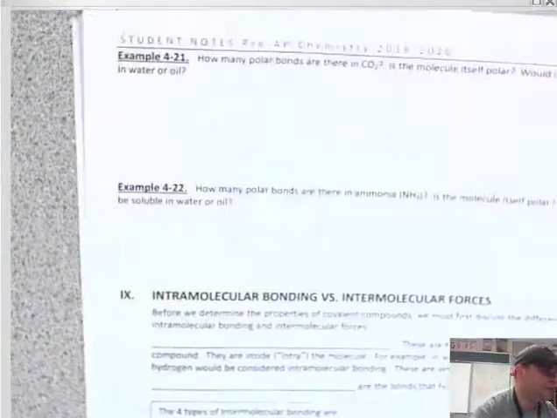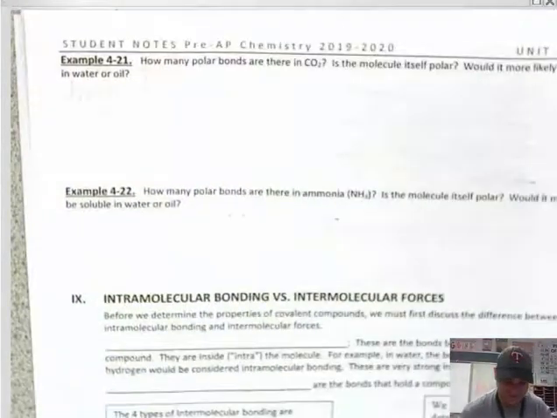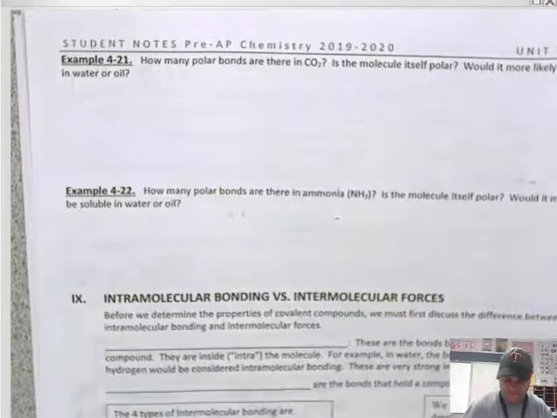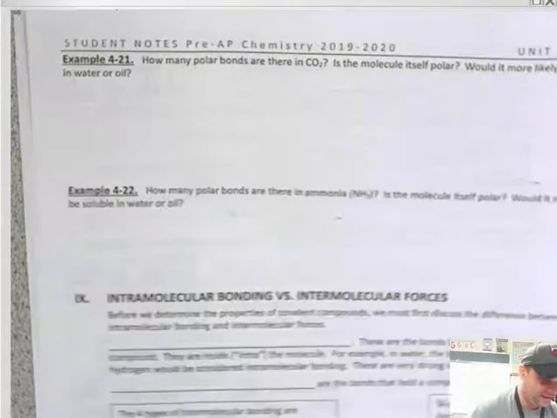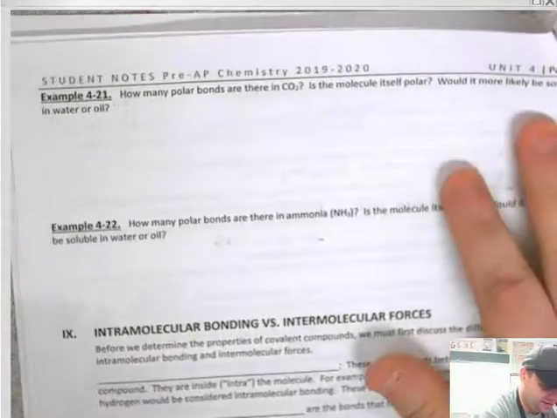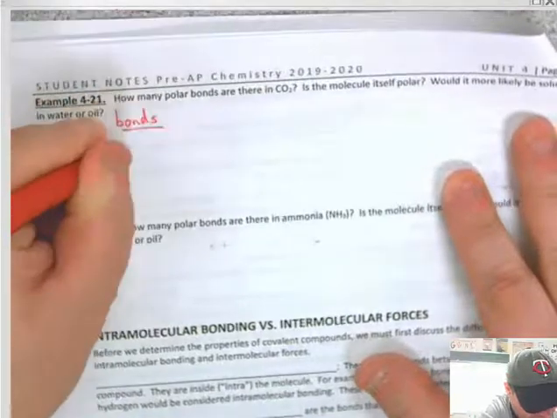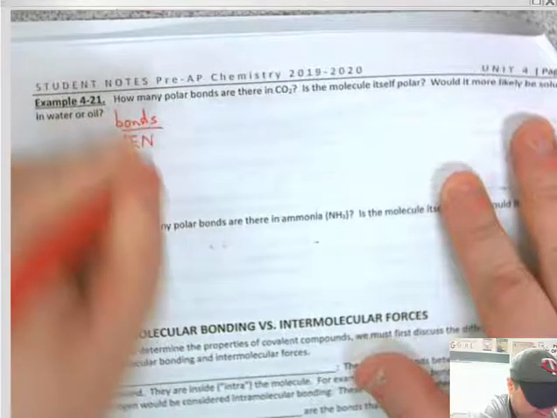Okay, on to the next two examples here. Here we go. Carbon dioxide. Everybody loves some great carbon dioxide, I know. How many polar bonds are in carbon dioxide? So we have to do the bonds first. We have to do the electronegativity difference.